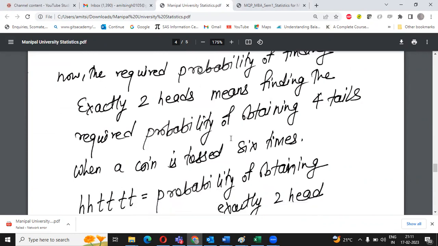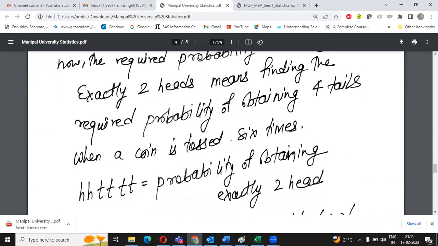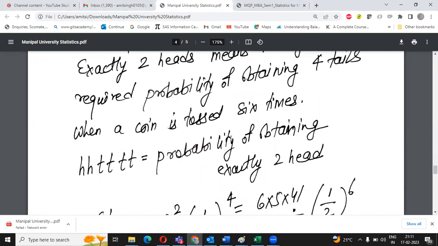Because you're tossing 6 coins, the probability of getting 2 heads means automatically 4 tails are coming. You can't get only 2 heads because you're tossing the coin 6 times. If you're getting 2 heads, automatically you're getting 4 tails also along with 2 heads. So that part should be clear with all of you.